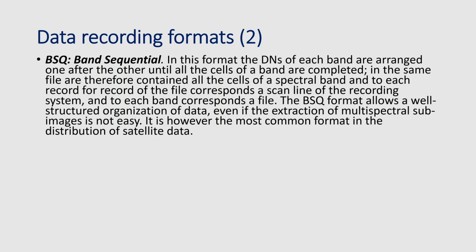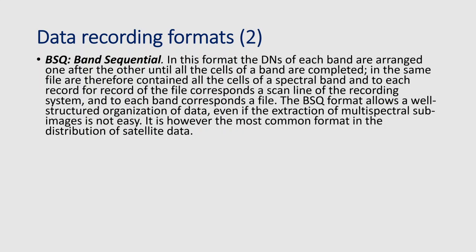So, the first one is what is called band sequential, BSQ, and we have approved of that, as you know, in ENVI software itself. In this format, the digital numbers of each band are arranged one after the other until all the cells of the bands are completed.